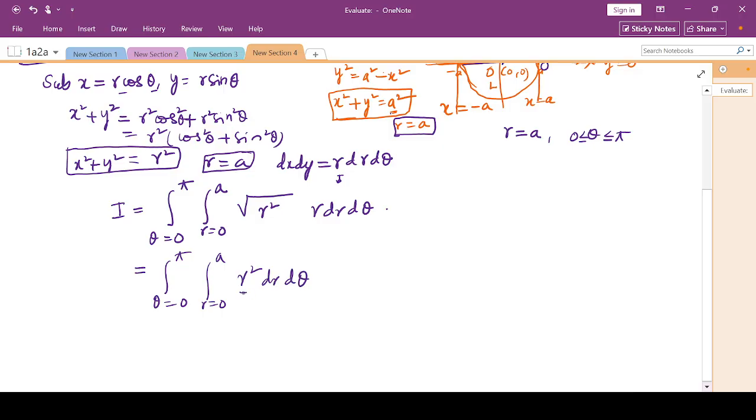First we have to integrate with respect to r, then with respect to theta. The integration of r square is r cube by 3 between the limits 0 to a, d theta.